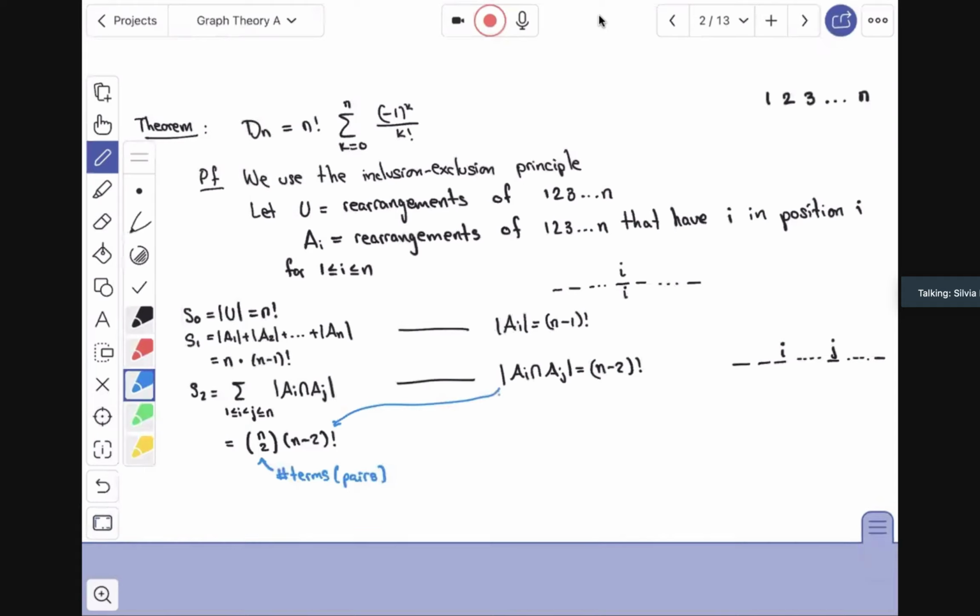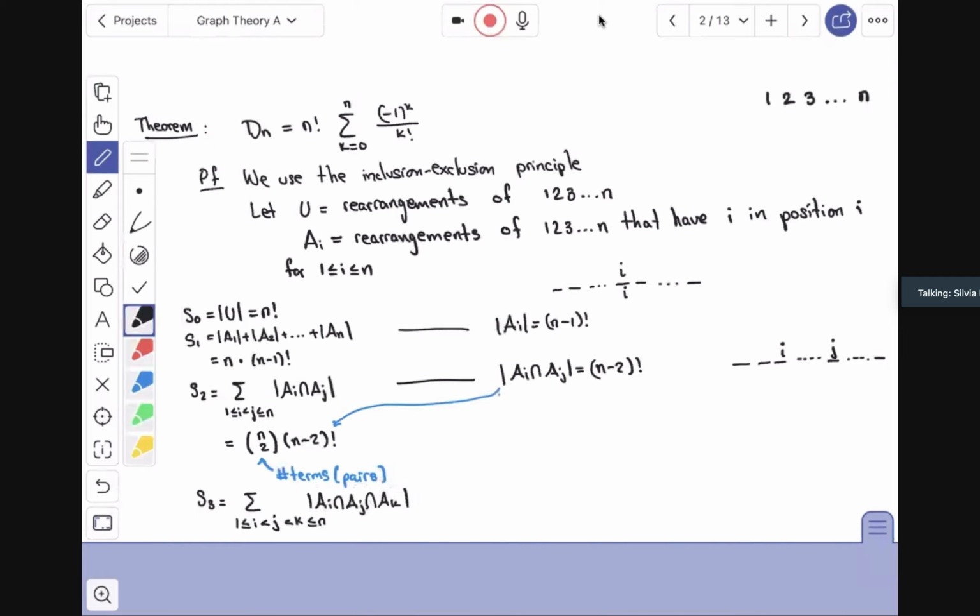And then we can compute S3. So this is the set of triples, 1 less than or equal to I less than J less than K less than or equal to n. I take an I, a J, and a K, and then I take the intersection of those.